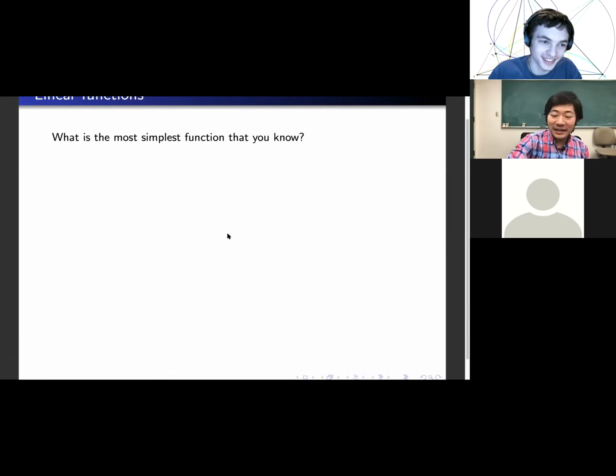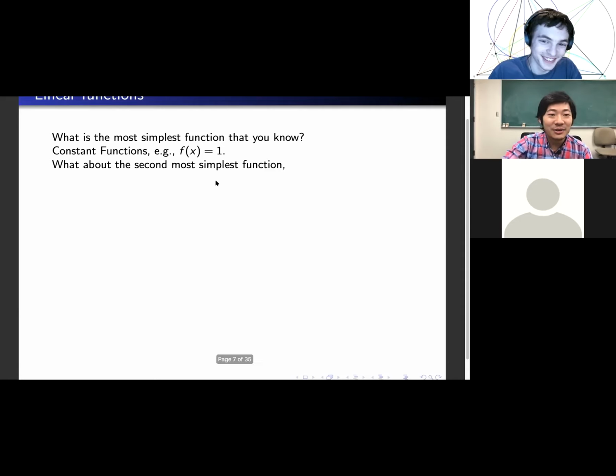I would say that maybe the simplest function would be constant functions. Whatever your input is, it just outputs some number, let's say 1. Can we do much with constant functions? Maybe, maybe not. So then what's the second simplest function?